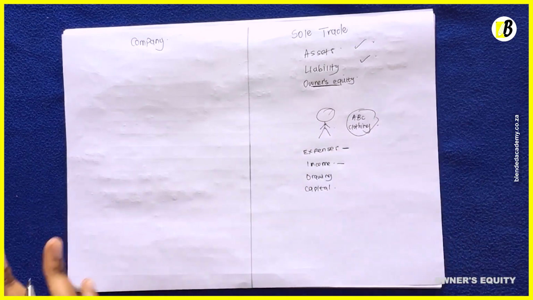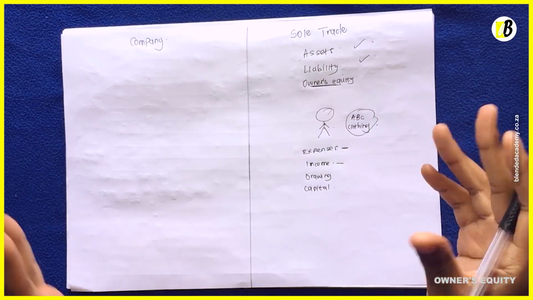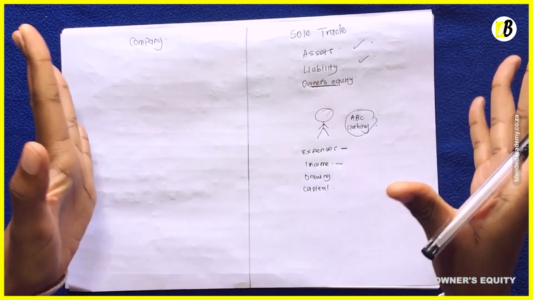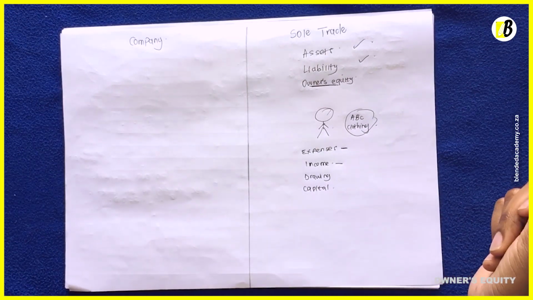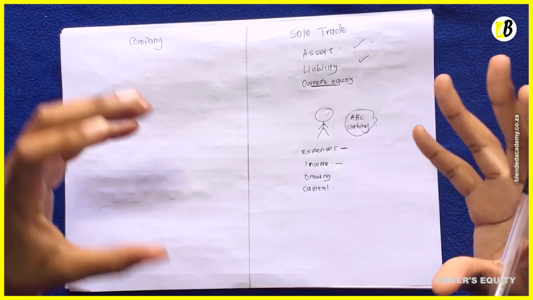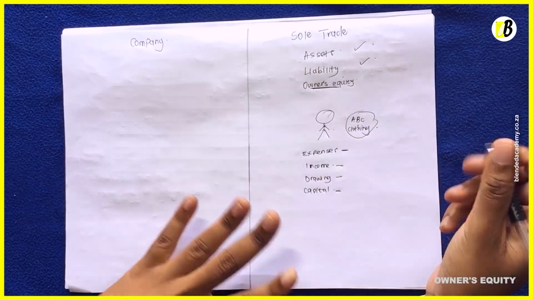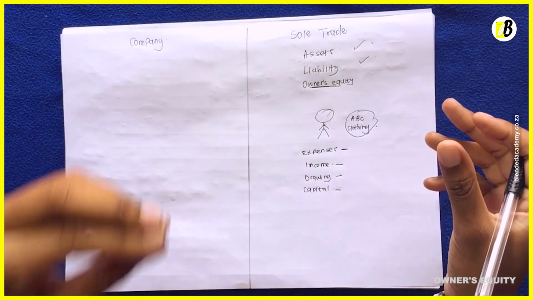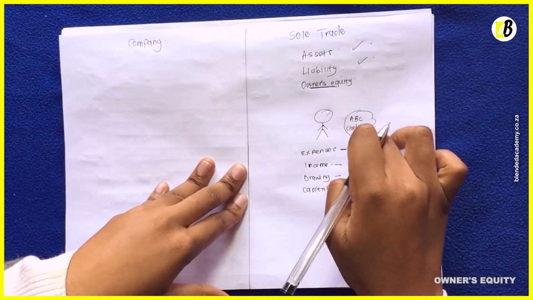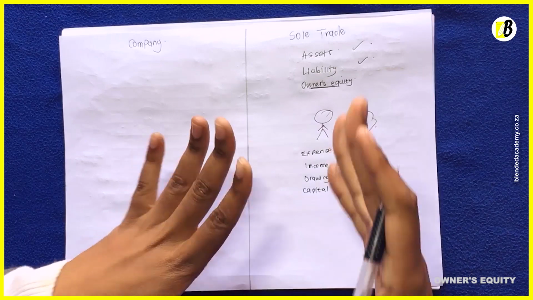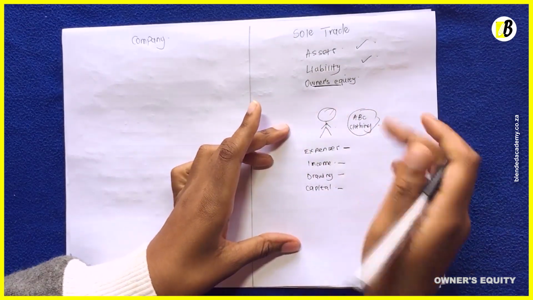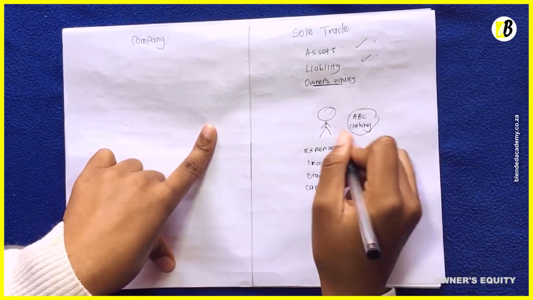Income is what is coming into the business, and drawings is when the sole trader takes money from the business pocket, in other words, money for their own personal use. And capital is the money that this person has contributed to start this business, ABC Clothing.